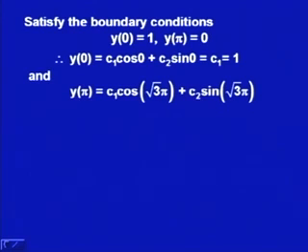This should be 0. Now, since we already have in the first equation that C1 is equal to 1, this will give me that C2 is equal to minus cot square root 3 pi. Thus, the boundary value conditions have given me two values, C1 as 1 and C2 as minus cot square root 3 pi.